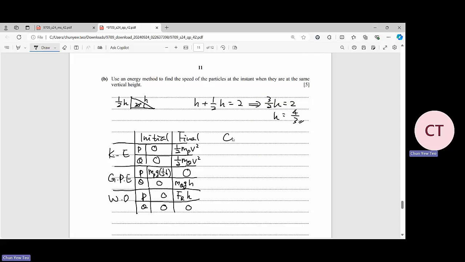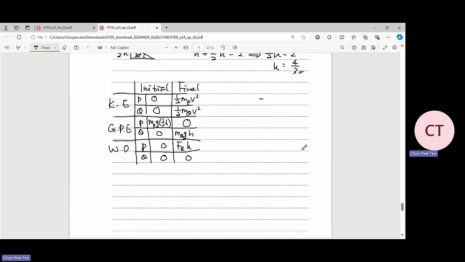So by using the conservation of energy, whatever you have in the beginning is equal to whatever you have in the end. So you have m_P g half of the h equals to, not enough place, sorry, I better use a new line here to sum up everything.